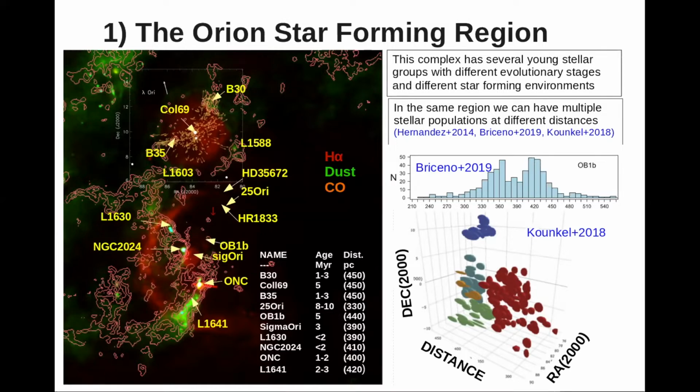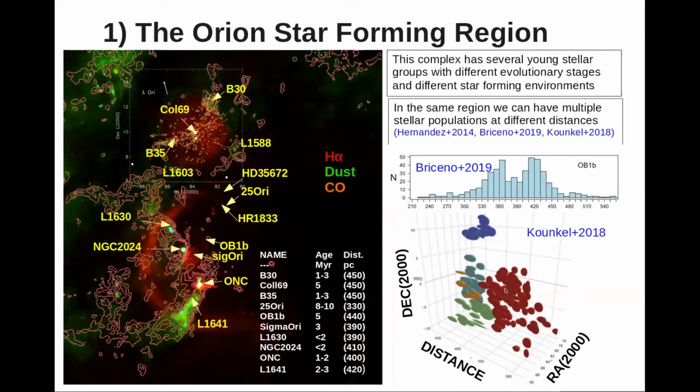However, in the last years, with Gaia data analysis, we know that we can find different stellar populations in the same field of view, as you can see in the distance distribution of the subassociation Orion OB1b provided by Cesar, and also in this plot from Marina Kounkel, in which if we are looking at the same region in right ascension and declination, we can have different stellar populations located at different distances.